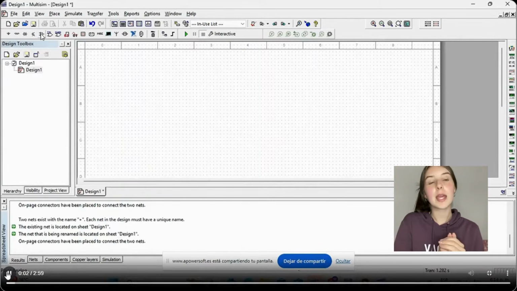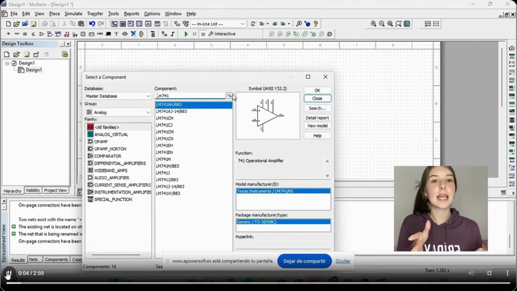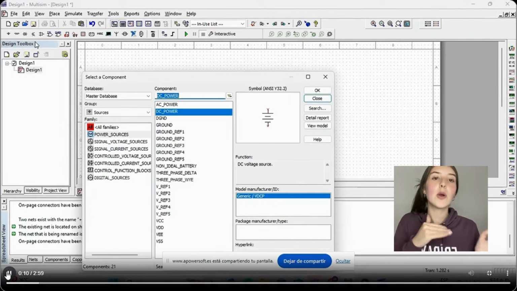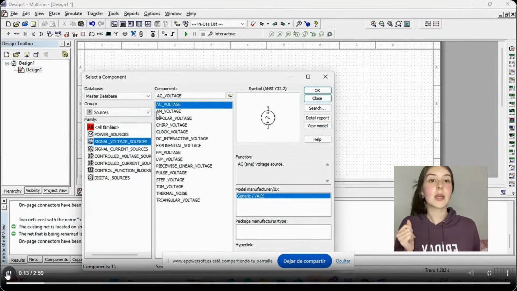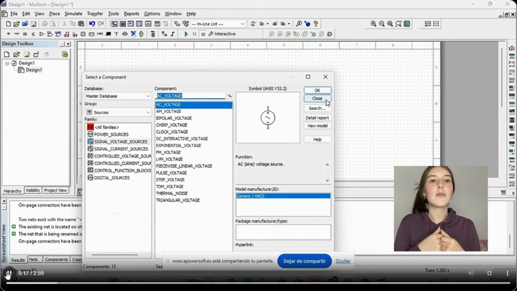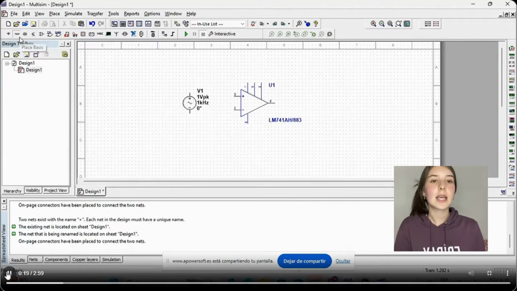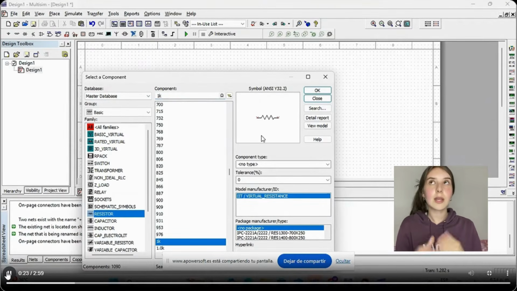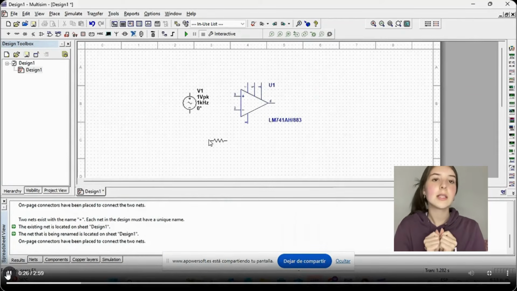First, we will take out the LM741 amplifier. It is taken from the figure that says place analog. Now, to take the voltage source, we go to the same row on the left and look for something that says place source, signal voltage source and AC voltage. We hit OK. For the resistors, in the same row, we look for the figure that says place basic, resistors, and the ideal one for 1000.